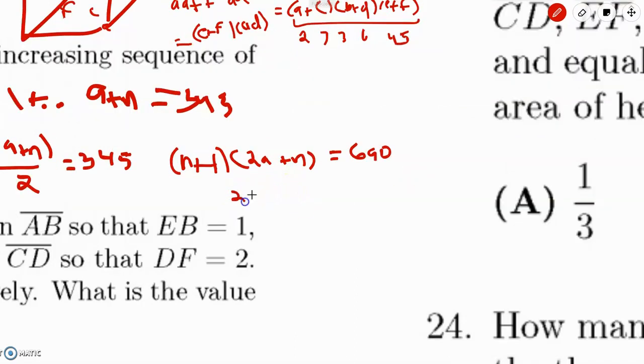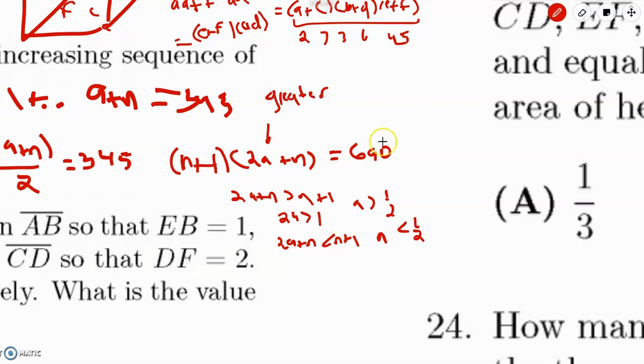So if 2a plus n is greater than n plus 1, then we'd have 2a greater than 1, and so a greater than 1/2, right? But if 2a plus n is the smaller term in this product, that means a is less than 1/2, but they're all positive. So essentially this always has to be the greater term.